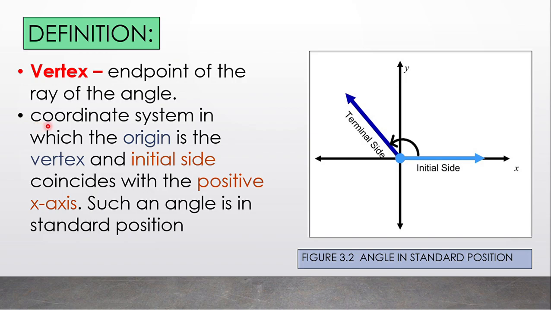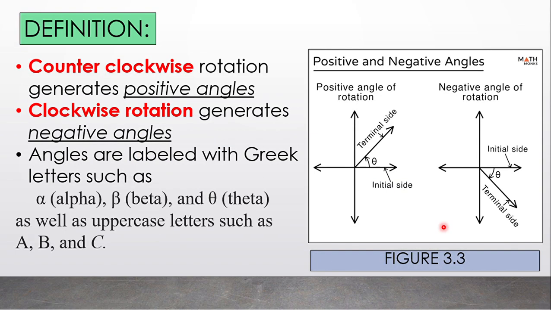In a coordinate system in which the origin is the vertex, the initial side coincides with the positive x-axis. Such is an angle in standard position.